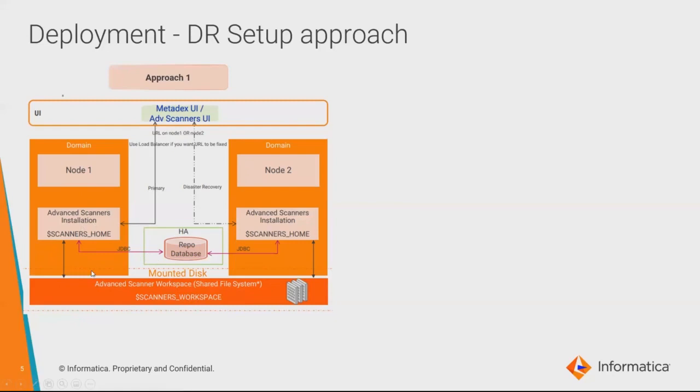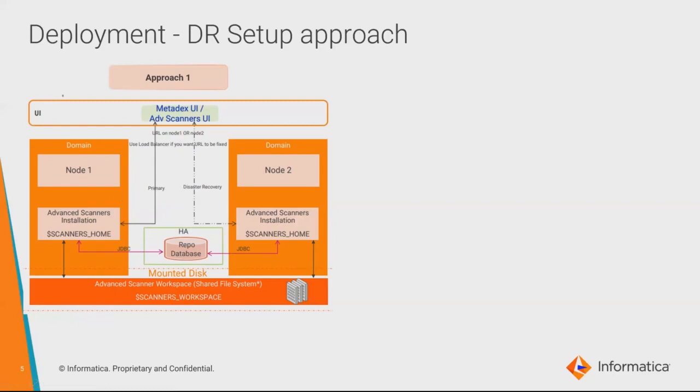So even if node 1 goes down, that location is accessible from the other node. And the repository database should, of course, have its own HA or DR process set up. The thing to note here is that you cannot have an active setup. It will be running on one node at a time.